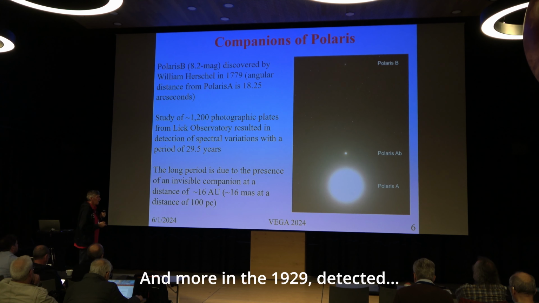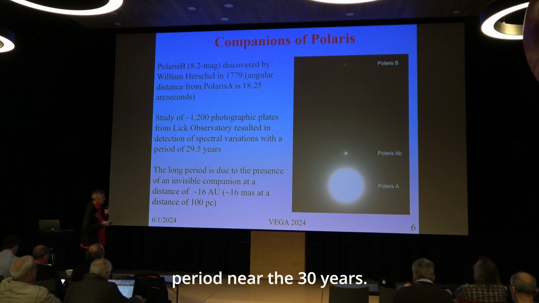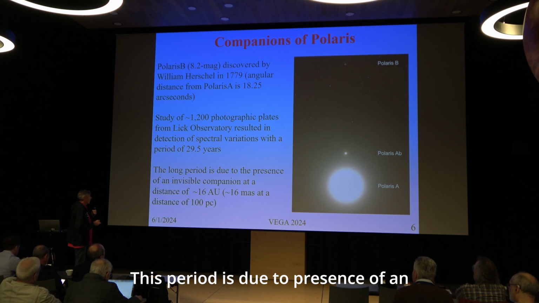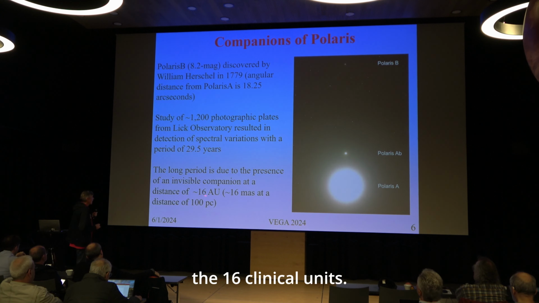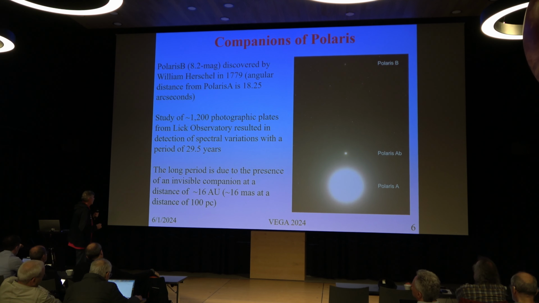And Moore in 1929 found an orbital period near 30 years. This period is due to the presence of an invisible companion at a distance of 16 astronomical units, approximately the Uranus orbit.